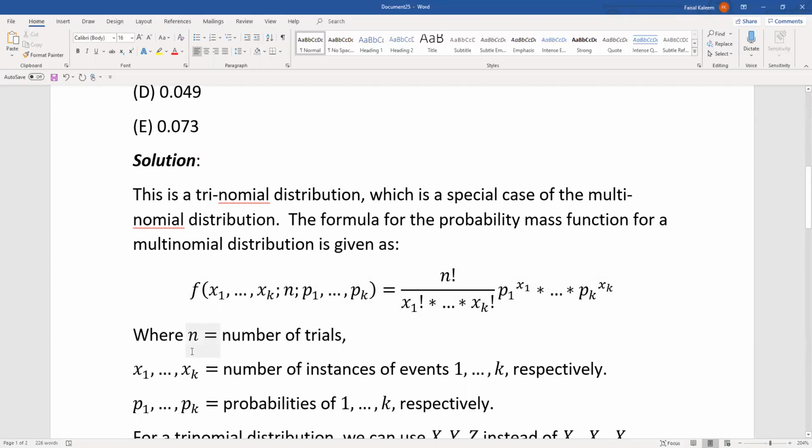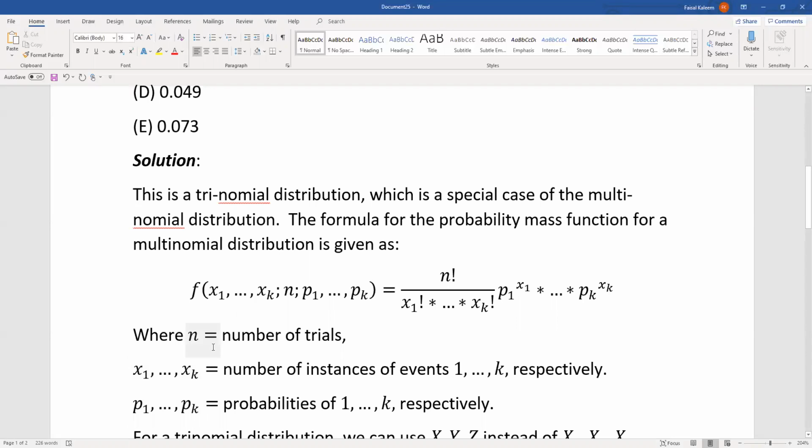It's the same thing. Here we have more than 2 possible outcomes. So let's say there are k possible outcomes. x1 is the number of instances of event 1, and so on, and xk is the number of instances of event k, and the corresponding probabilities of the k events are p1 through pk.